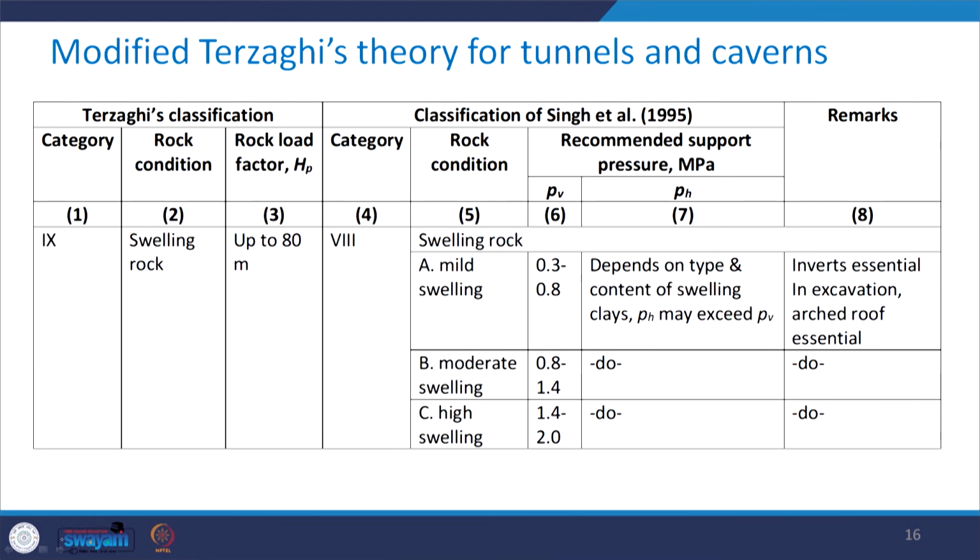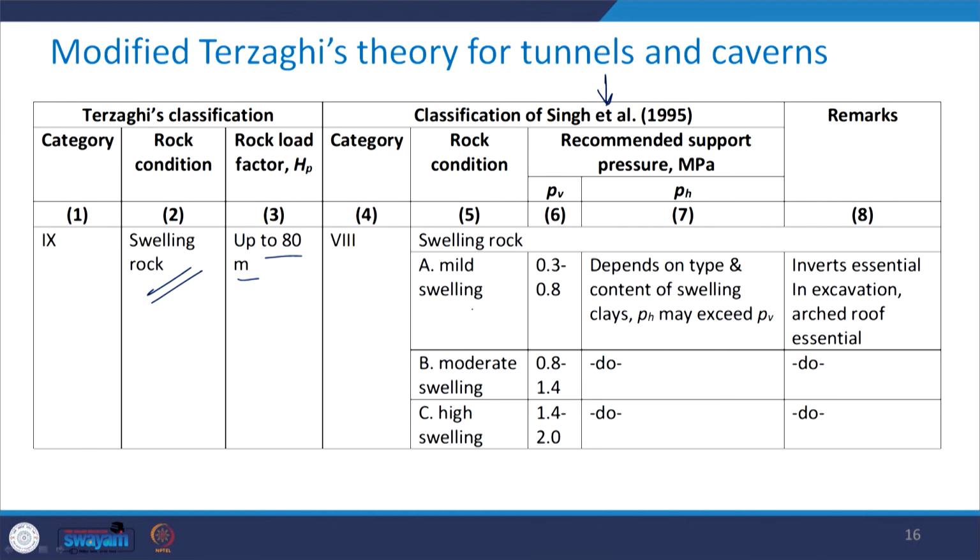Coming to the last and the final category, that is corresponding to swelling rock condition or swelling ground condition. Here the rock load factor, I mentioned to you earlier also, was up to 80 meters. But when it comes to the classification system of Singh et al., there again it was divided into mild swelling, moderate swelling and high swelling categories.